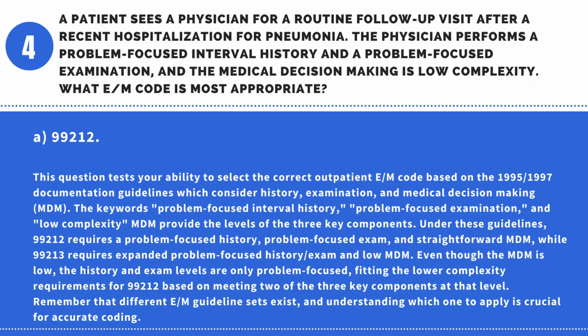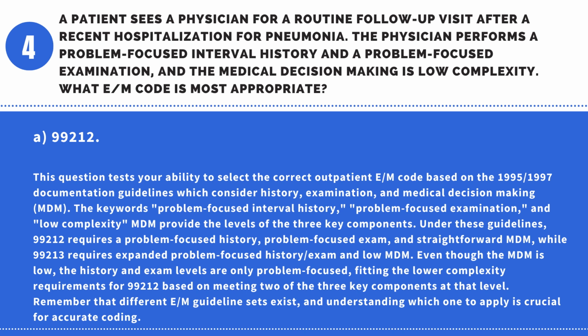Let's review the provided options and explanations again. The provided correct answer is A. 99212. This strongly suggests the question intends to use the older 1995/1997 E/M guidelines. Under those rules, a problem-focused history plus problem-focused exam plus low-complexity MDM.